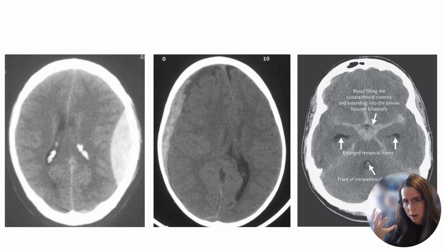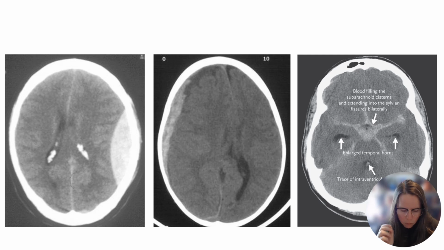It does not expand. So as your brain either fills with fluid from something like hydrocephaly, which we'll talk about later, or in this case blood, it's going to increase the pressure in your brain. We call that ICP, or intracranial pressure, and this can cause lots of problems.